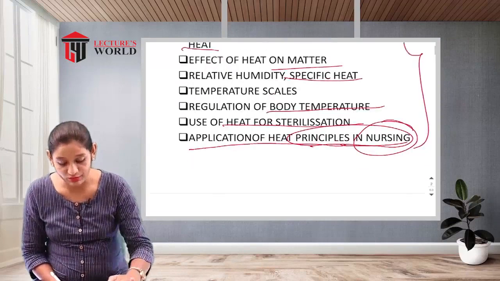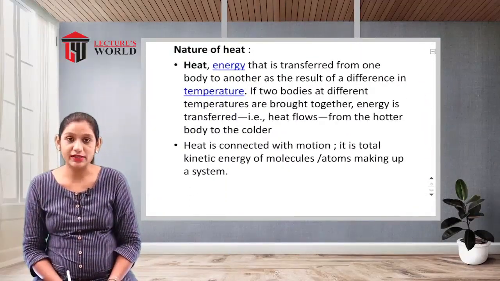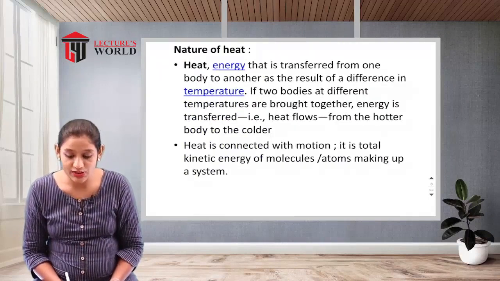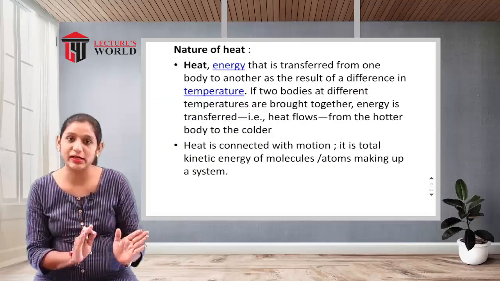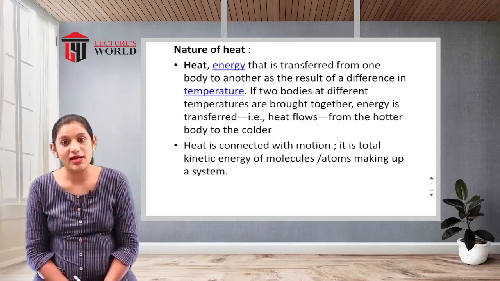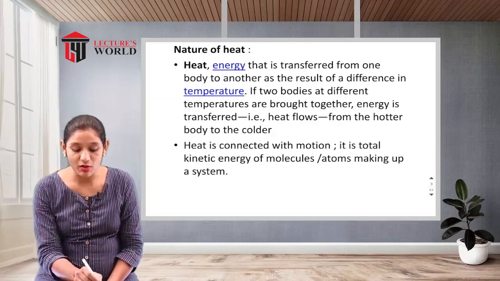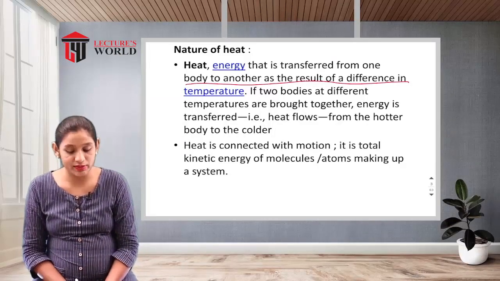Let's talk first about the nature of heat. How many types of heat are there, and what is their nature? Heat is one type of energy. It is the energy that is transferred from one body to another as the result of a difference in temperature.